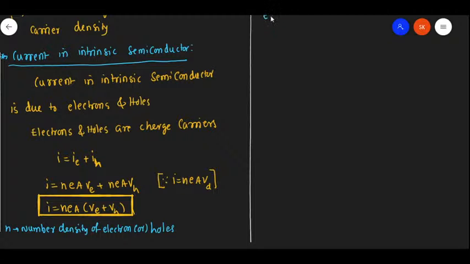E is the electron charge. VE is the drift velocity of electron, and VH is the drift velocity of hole.